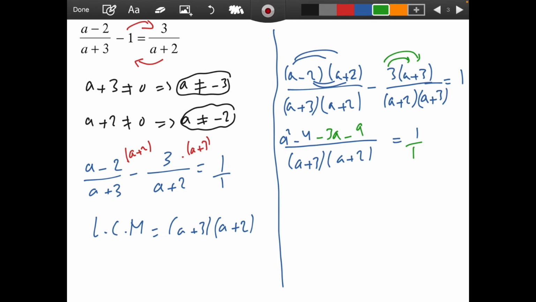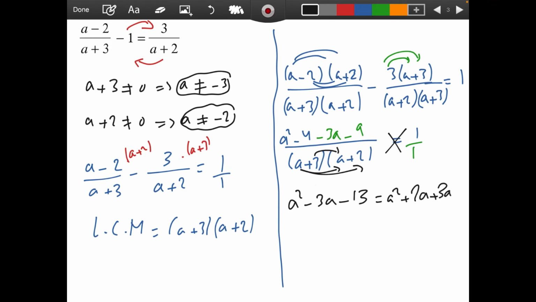It's going to be a squared minus 3a minus 13 is equal to a times a, a times 2, 3 times a, and 3 times 2.